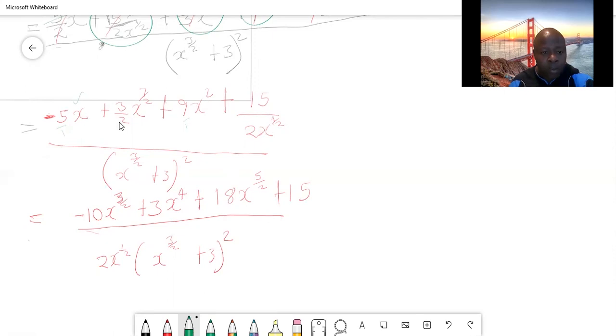And then this 2 would go here, x raised to a half times this, I would have 3 x raised to 4. And then of course this would be 18 x raised to 5 over 2, and then this would be 15.